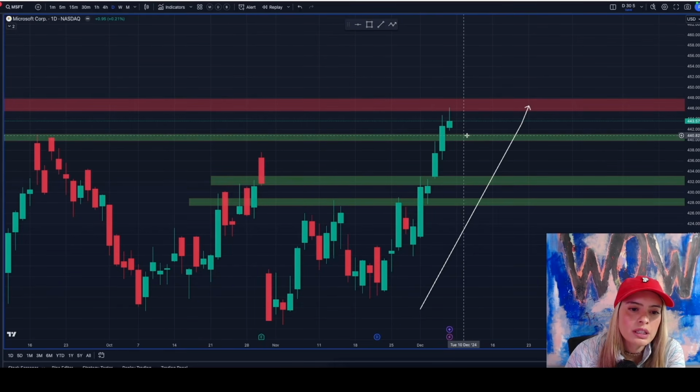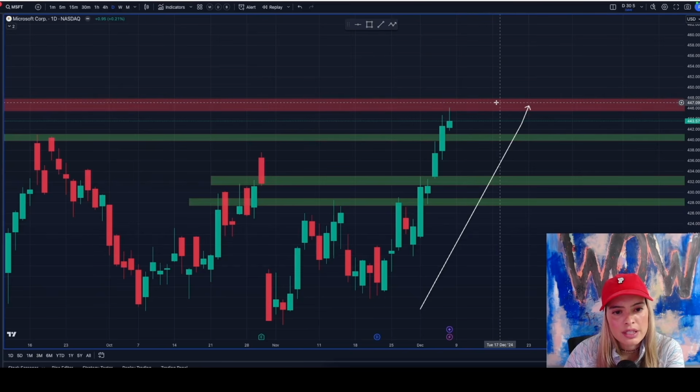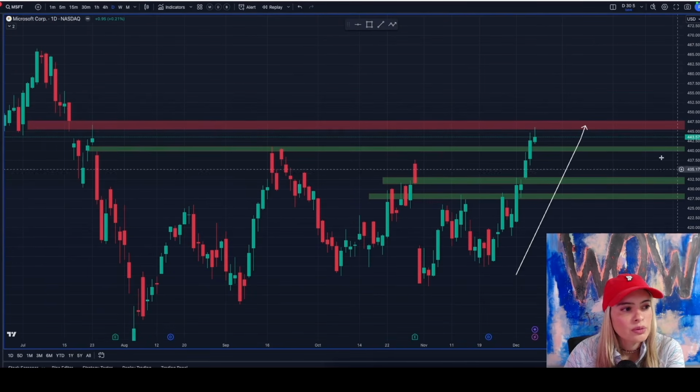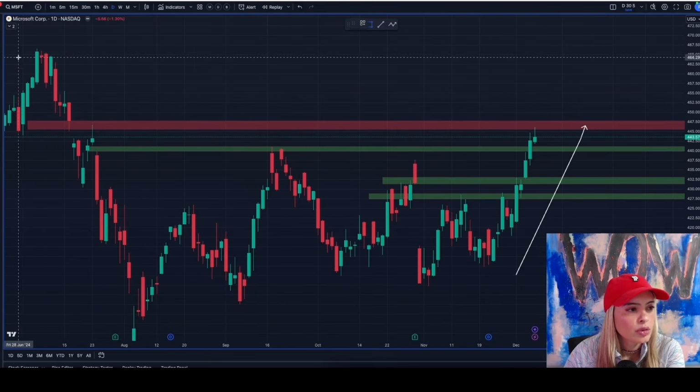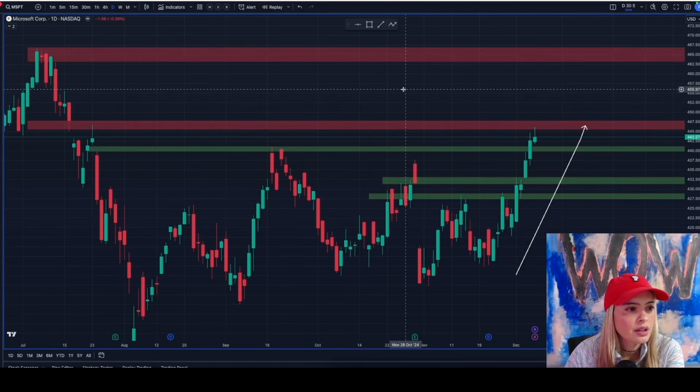But we will need a pullback to this level or this level. Wait and see if it's gonna hold, and then we play the upside into this resistance level again, and if we use that resistance as support, we can expect a move toward this high here.